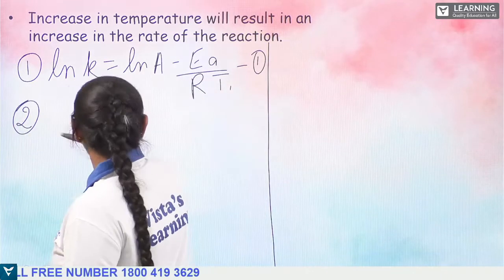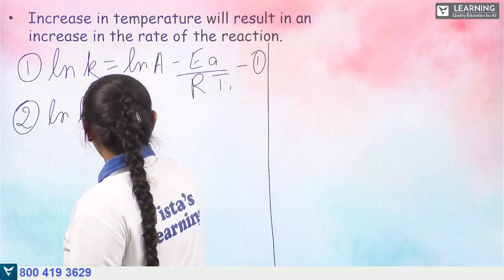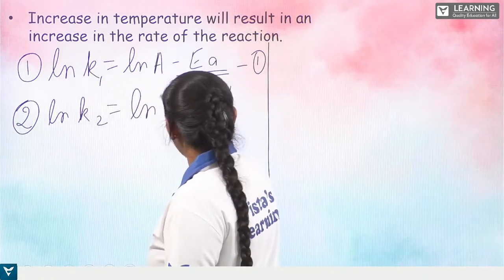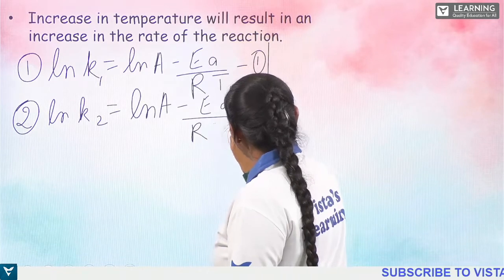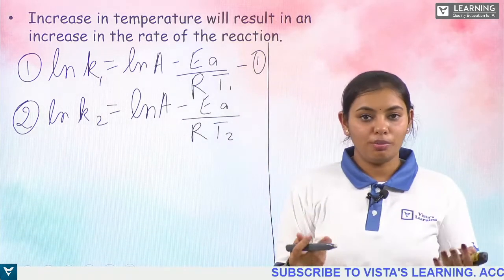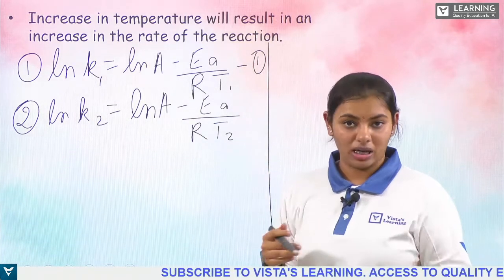Whereas the second equation is going to be ln K2, which is equal to ln A minus EA by R T2. I'm just going to subtract equation 1 from equation 2.